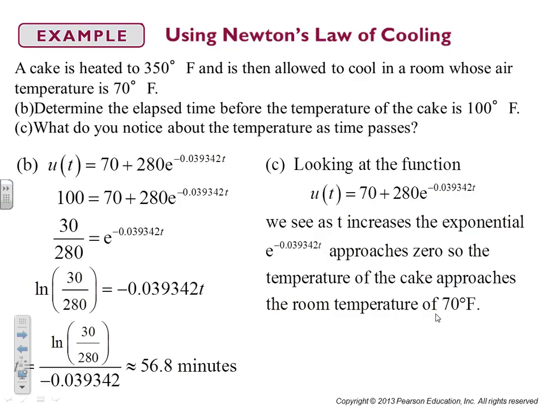That if you set a cake out for long enough, it's going to get closer and closer to whatever the room temperature is. So when you experience a cooling formula, again, if you need to highlight or make note, as time increases, you're going to get closer and closer to whatever the medium temperature is. Not medium as like between high and low, but medium as whatever your room or area is.